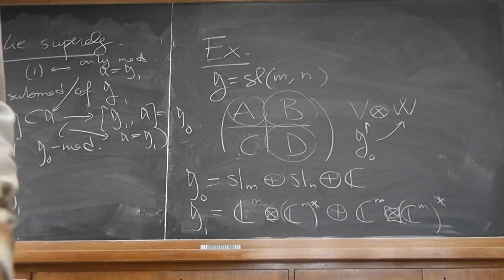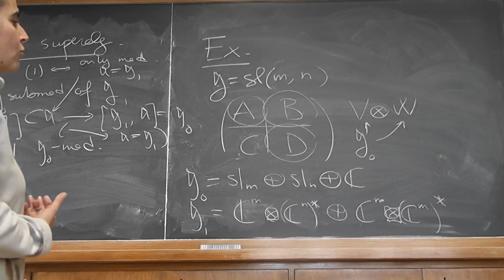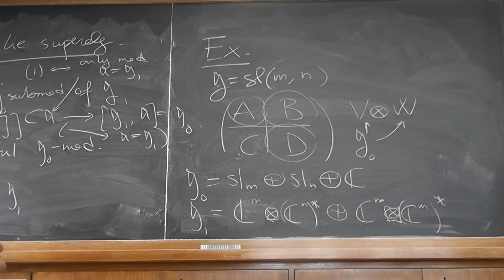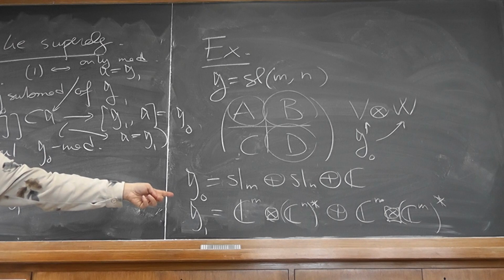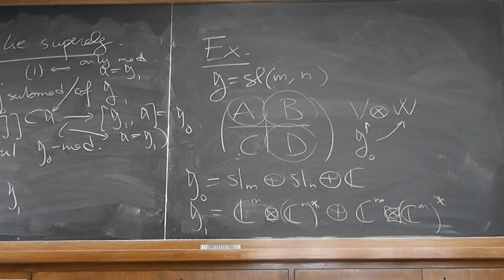Now, I don't want to go into the calculation, but what you prove directly is that this is a faithful G0 module. And you prove directly, this fact is easy, that when you do bracket G0, G1, you get all of G. This is really easy. The only condition here is to try to find a G0 submodule of G1.